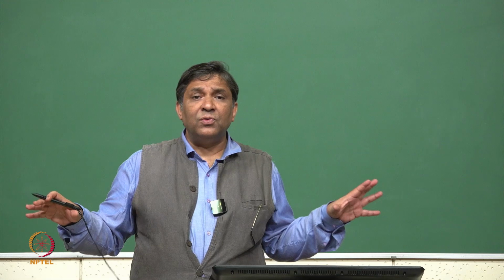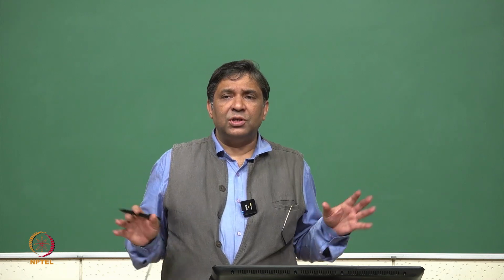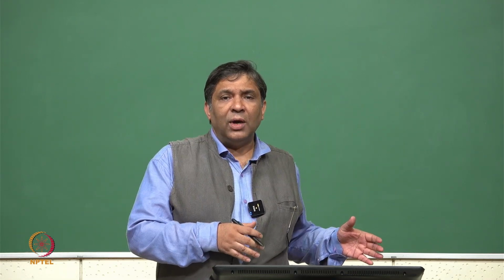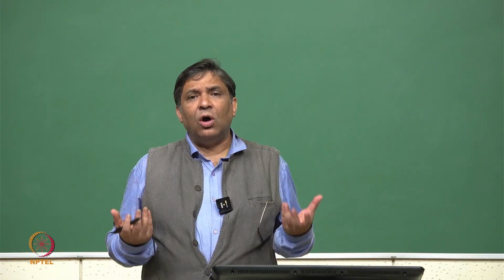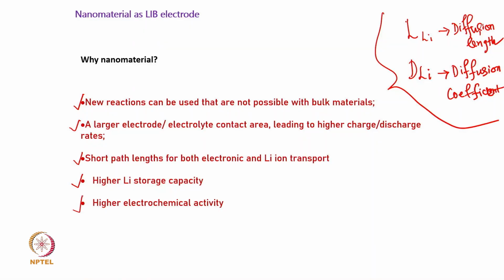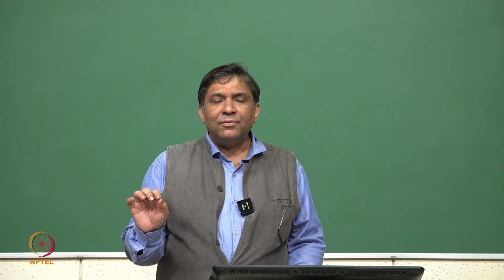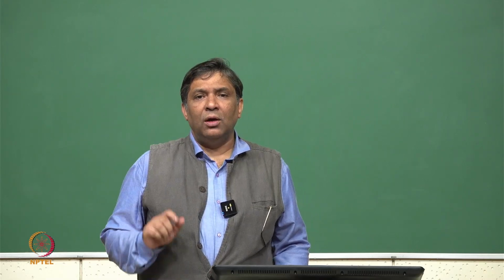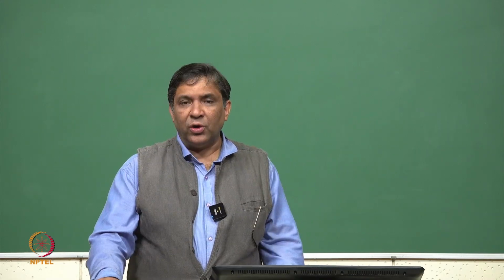You all know the surface to volume ratio increases much when you go from bulk material to nanophase material, and that also increases the capability of lithium storage and gives higher electrochemical activity. That is also related to the number of atoms present in a particular area. If it is more, then definitely the electrochemical activity is better. So, we have several advantages when we go from bulk or micron phase to nano phase material for lithium ion battery cathode and anode.